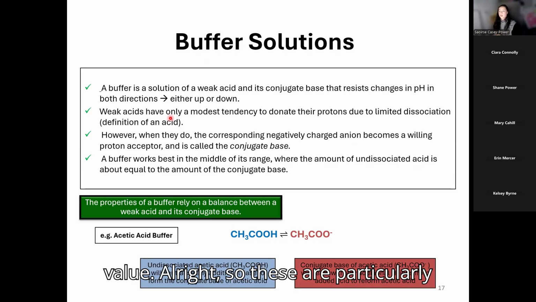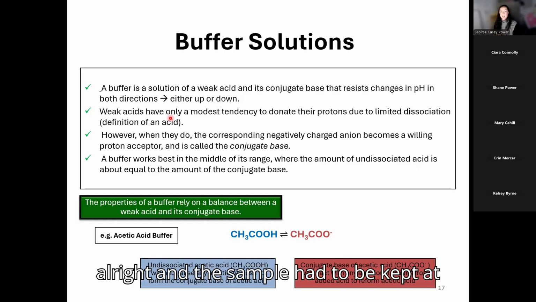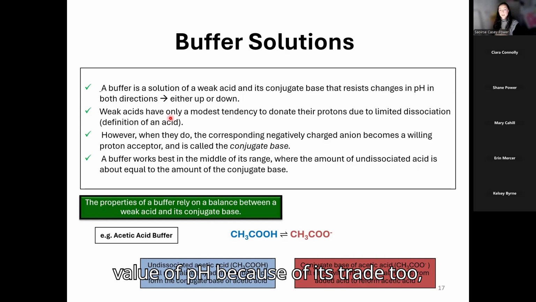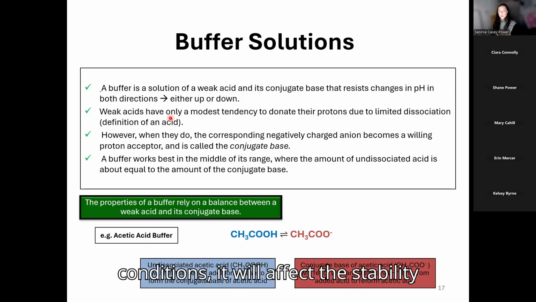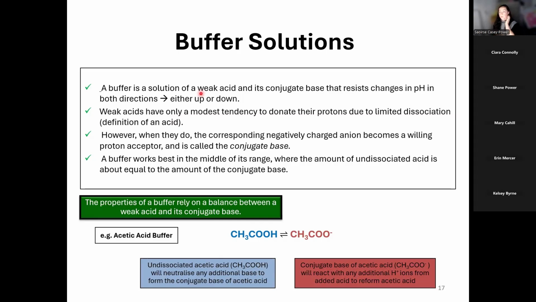These are particularly important if you were doing stability studies in a lab and a sample had to be kept at a very certain pH value. Because if it strayed into more acidic or more basic conditions, it would affect the stability of the product. So buffer solutions are used an awful lot to maintain the pH at a certain value.